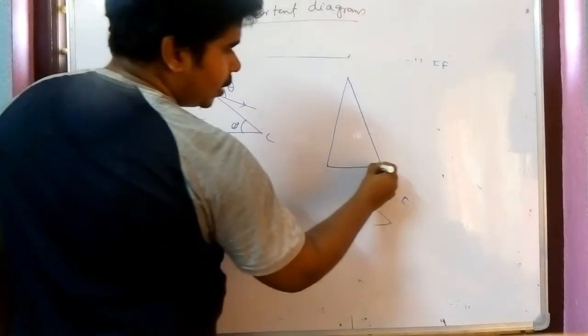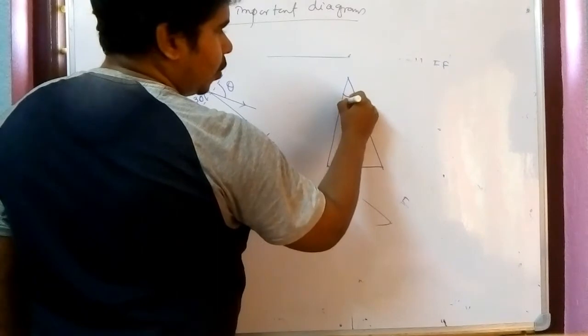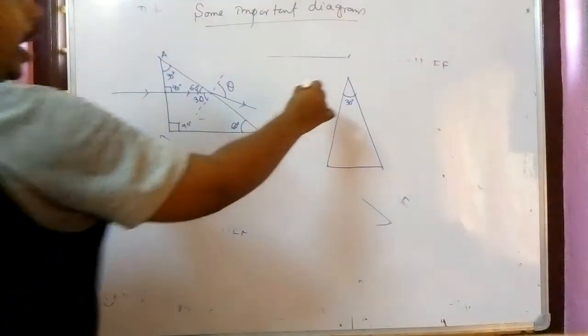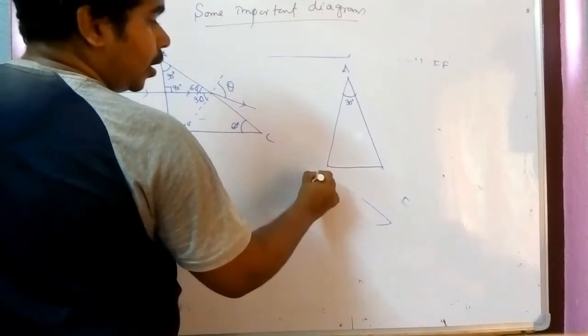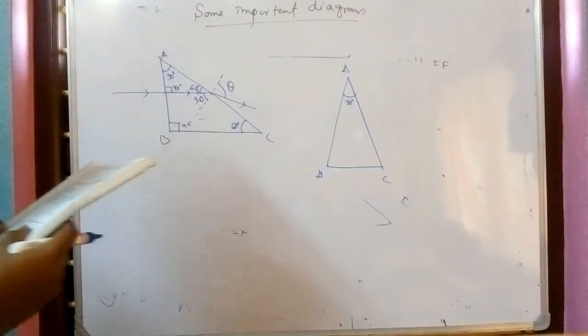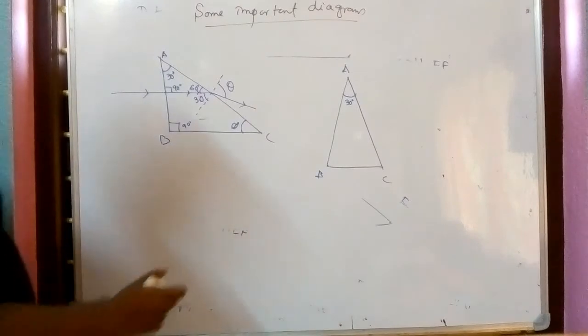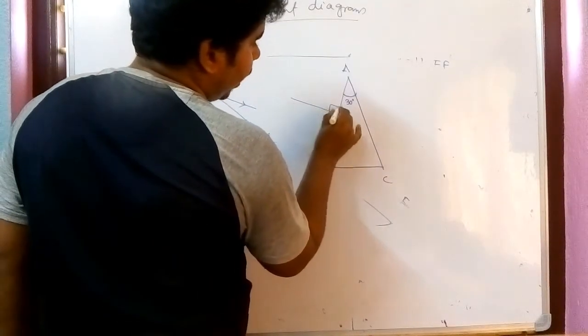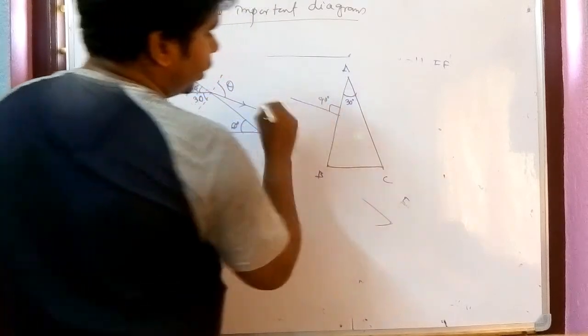So assume this is a very thin prism whose angle of prism is 30-degree. Okay, and a light ray is incident on AB surface, that is also normally like this, and that angle is mentioned 90-degree.